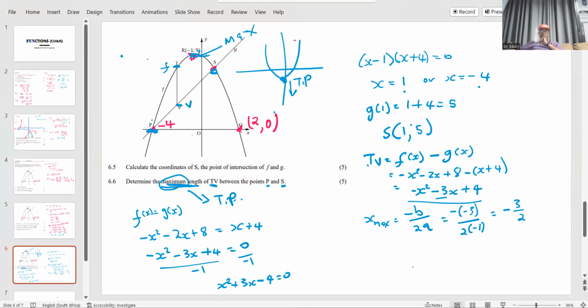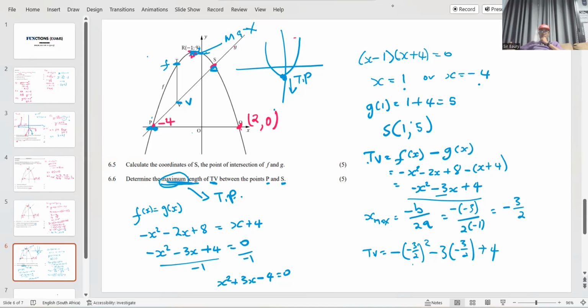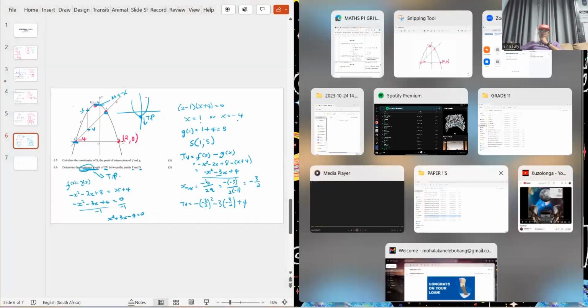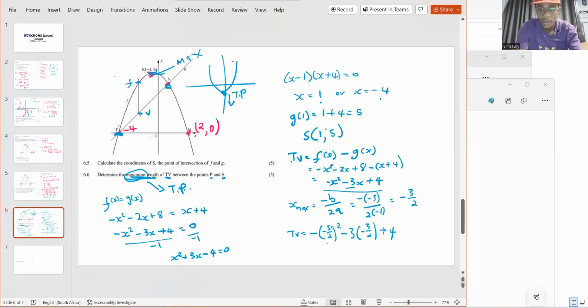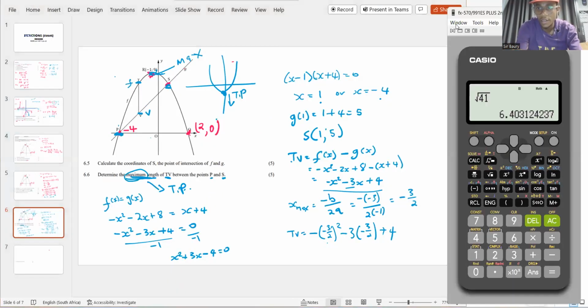So I'm going to say the distance for TV. Right. So I'm going to have negative, the x value is what? Negative 3 over 2 all squared minus 3 into negative 3 over 2 plus 4. So this is what I have. Yes.